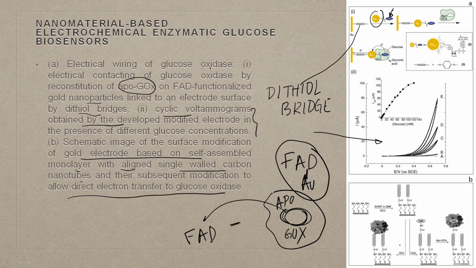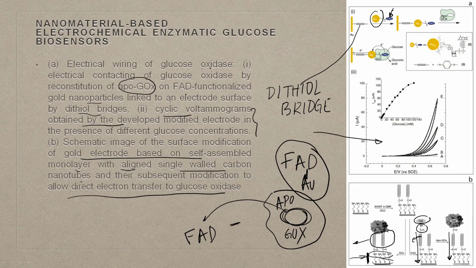So, here again you have a dithiol bridge. You could see the sulfur sitting out there. Here are the amines. These are the silanes which are present, some sulfur containing silane, and here you have the carbon sheets which are present there. These carbons are being connected out here to a dithiol linkage to FAD, and here you are getting a direct electron transfer.